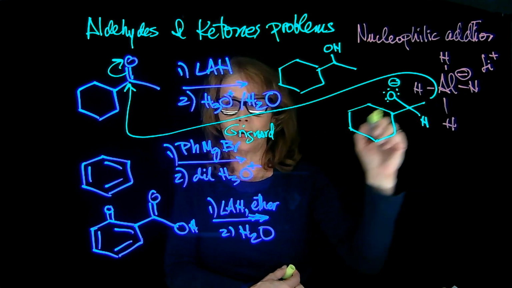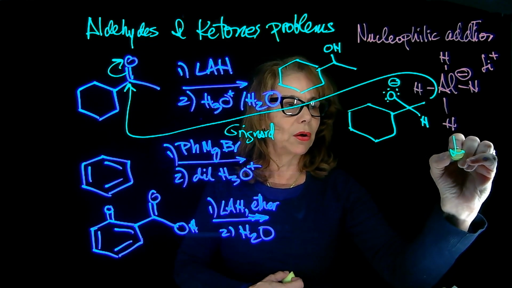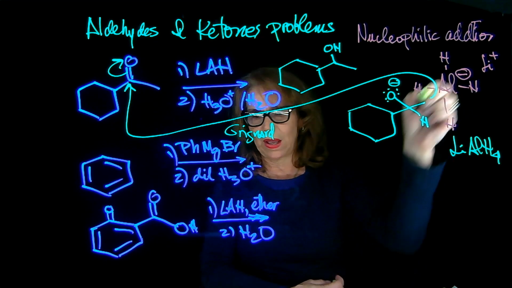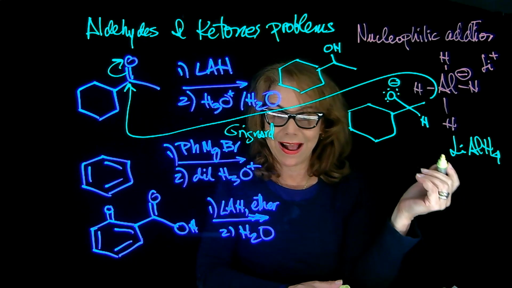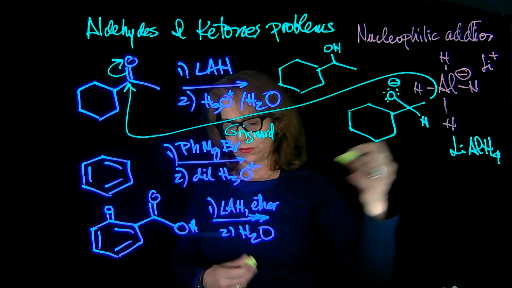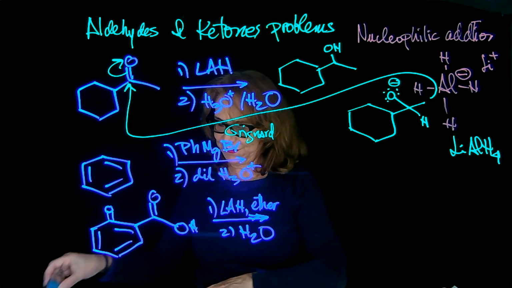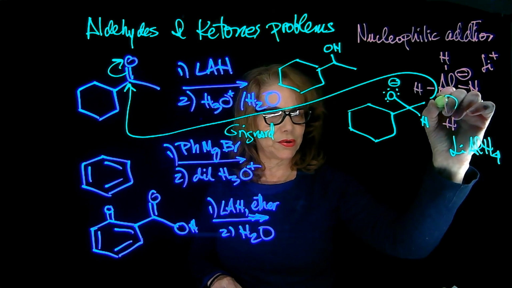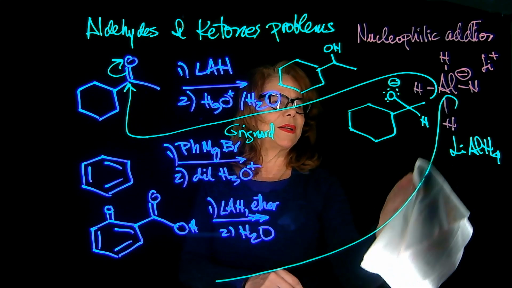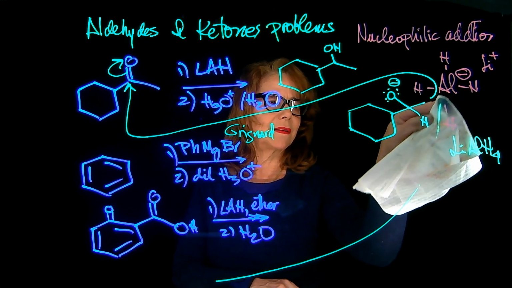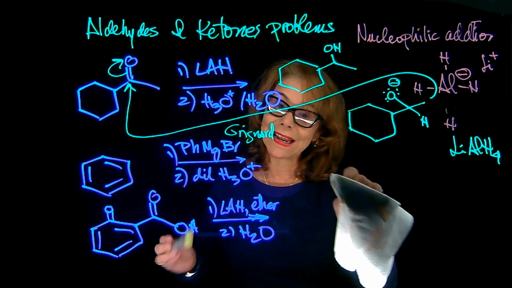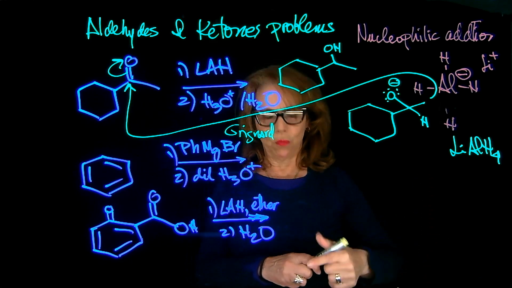So we have lithium aluminum hydride, which can also be written more explicitly, and that's the structure. Your nucleophile is going to be the same here. So we're going to transfer one hydride with another arrow from one of the H's. Now, the result of this will depend on whether we have an excess or one equivalent.